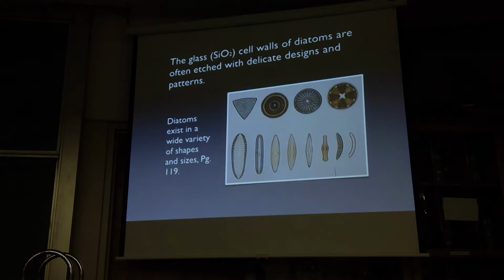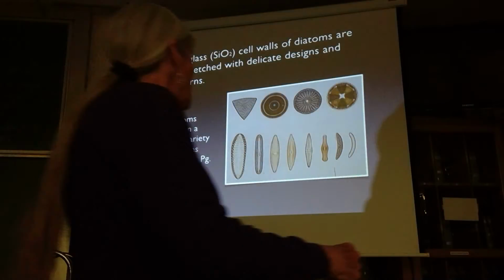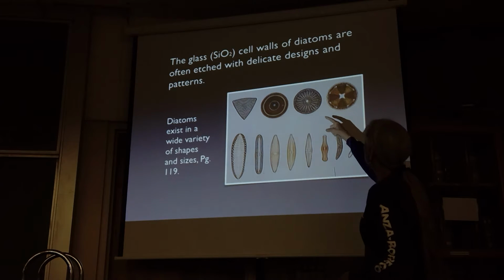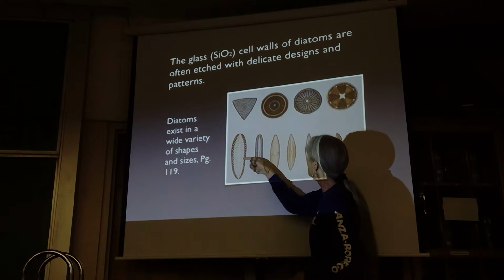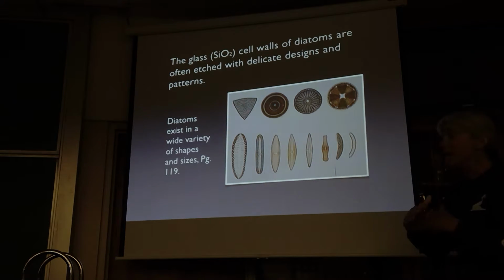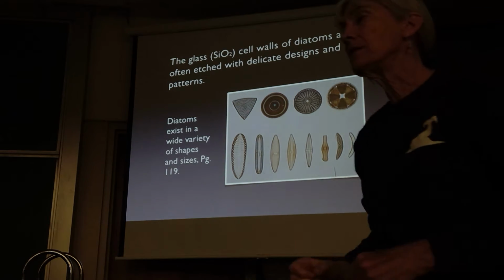So they're made of glass, but when you look at them with the microscope, if you focus up and down, you'll see these patterns that appear on the surface. Here you can see the patterns looking like lines. Here they appear to be kind of circles. Here again, lines. Those are made of holes in the glass.